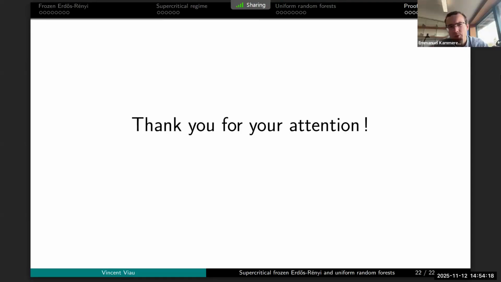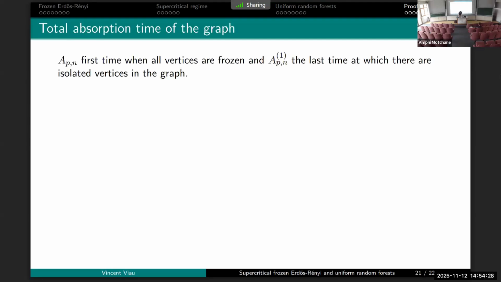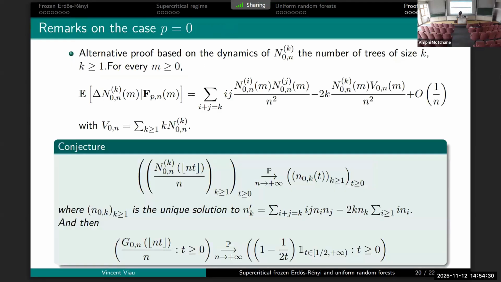But you still have to count the number of trees of given size. So when p is 0, n_k is the number of trees of size k, right? Yeah, exactly. So this is the number of trees of any given size.